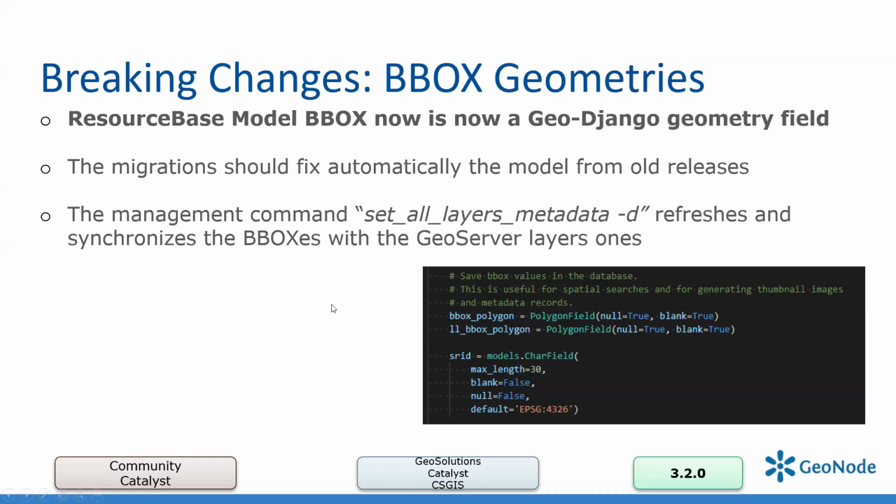In case you have issues, you can run this management command, set all layers metadata, with these options, -d, which will refresh the bounding boxes and will recreate them against the GeoServer layers.